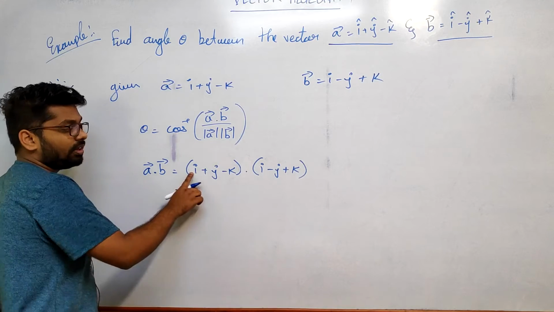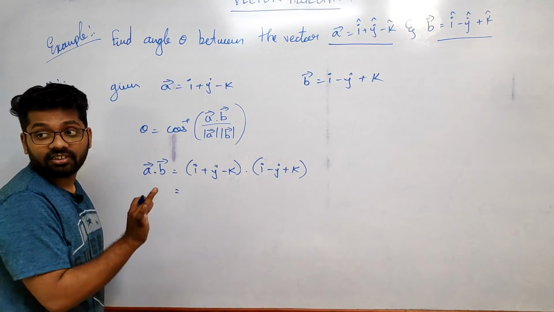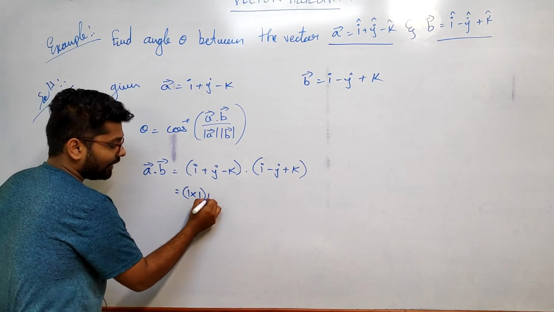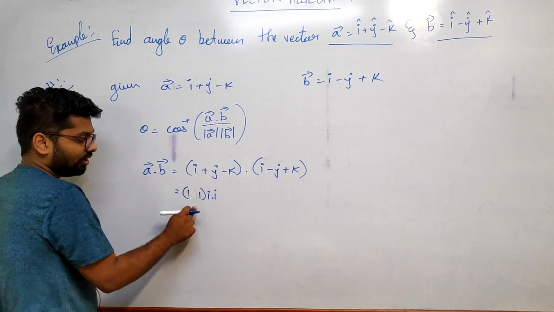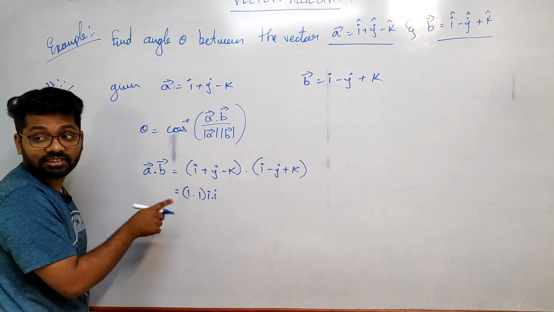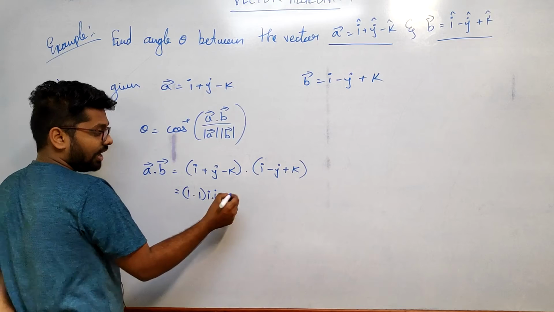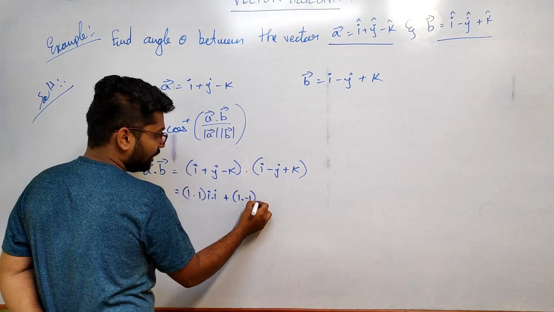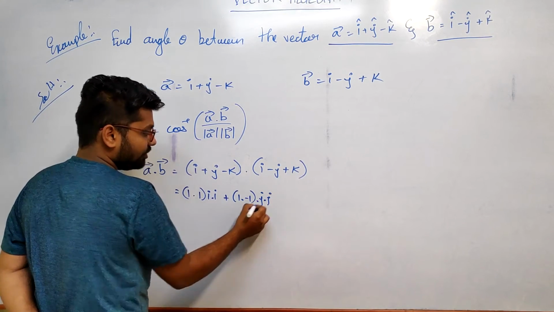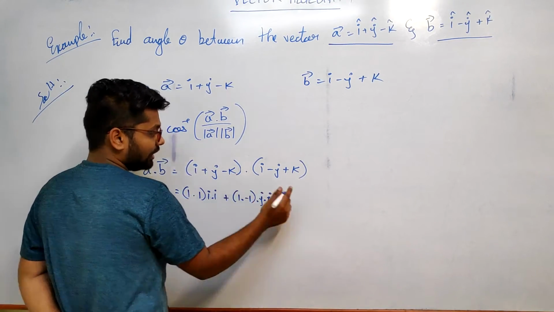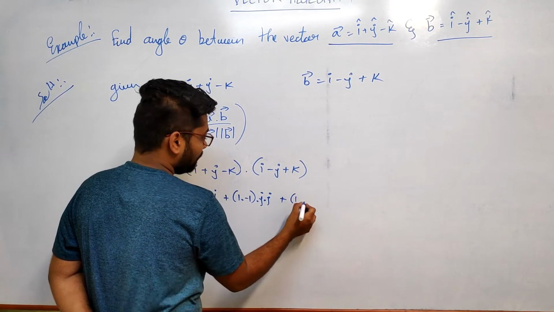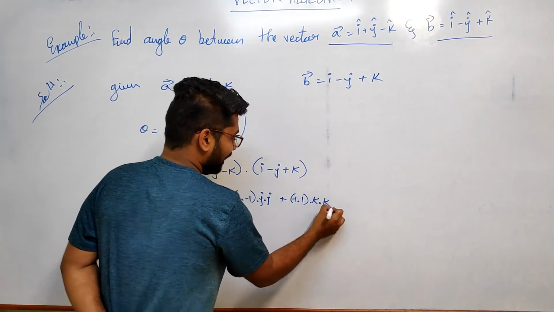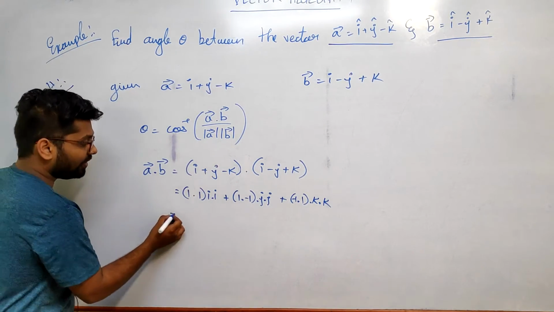So i components you will multiply with i components only. So 1 into 1, i dot i, that is 1 dot 1, it will be 1 dot 1 i dot i plus 1 dot minus 1 into j dot j, plus 1 dot minus 1 into k dot k. Correct? So from your previous knowledge, what do you know?